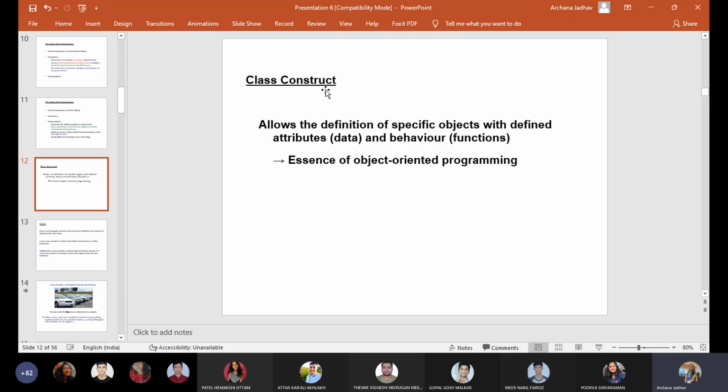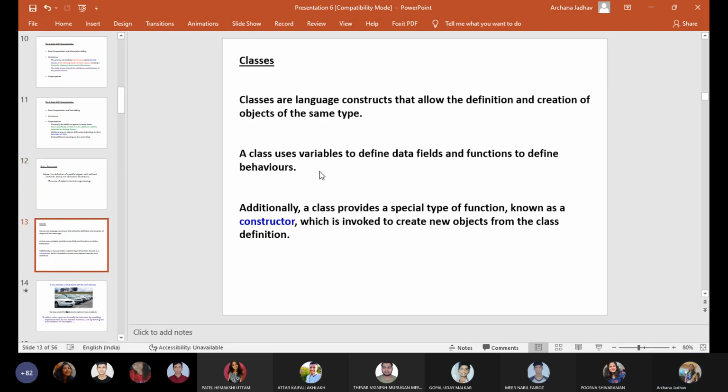Attributes, matlab properties you want to write, and behavior is nothing but the functions you want to write for that particular object. Classes are language constructs that allow the definition and creation of objects of the same type. A class uses variables to define data fields and functions to define the behavior.